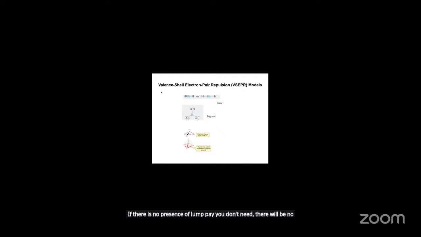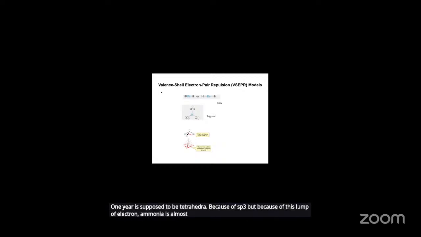But because of the lone pair, the expected structure of ammonia is not what we are seeing. Ammonia is supposed to be tetrahedral because of sp3. But because of this lone pair of electrons, ammonia is no more tetrahedral. Ammonia becomes trigonal because this lone pair is going to repel the bond pairs of hydrogen and make the shape come down.